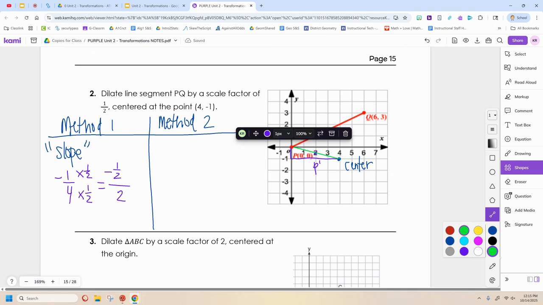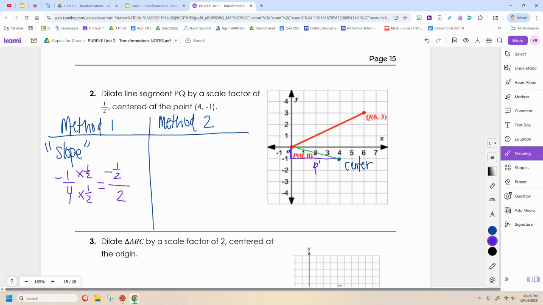Do you remember that idea? Do you see how I can go down half over 2, down half over 2? So this is like a weird scale. So we can use slope and take those slope triangles and divide them by 2, so we get half of that. So that's one way to do it.